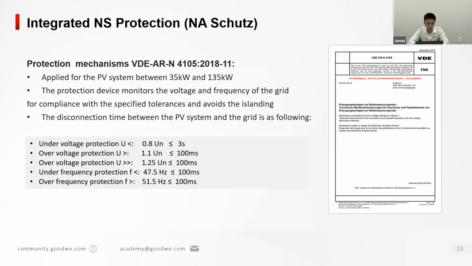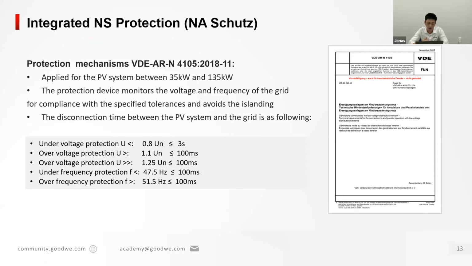This requirement is from VDE-AR-N 4105:2018-11. It requires that for PV systems between 35 kilowatt and 135 kilowatt, there is a protection between the PV system and the grid. For this, two devices are needed.